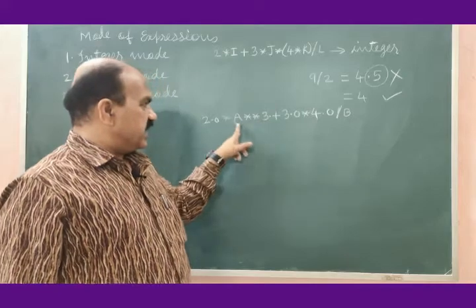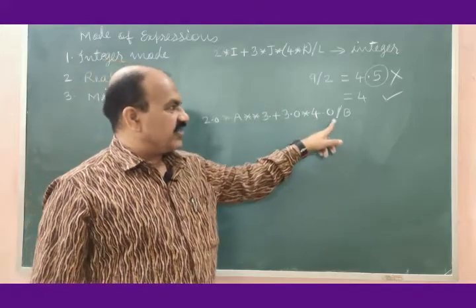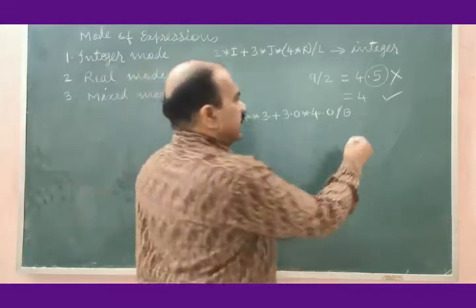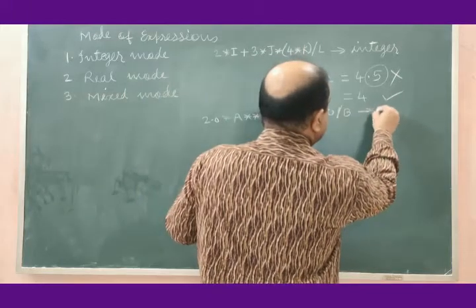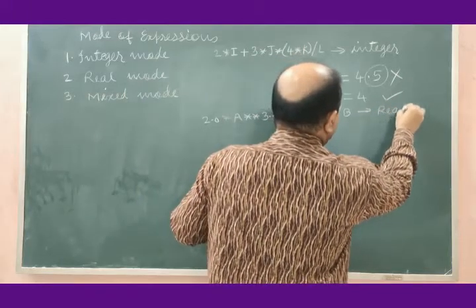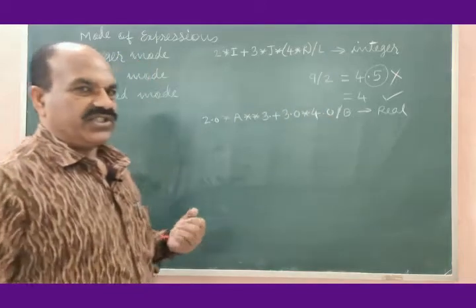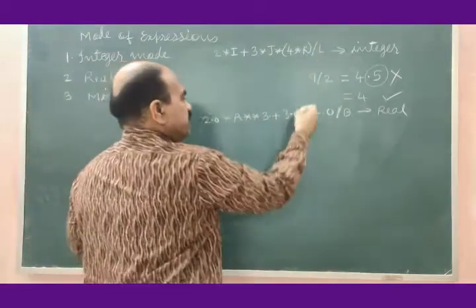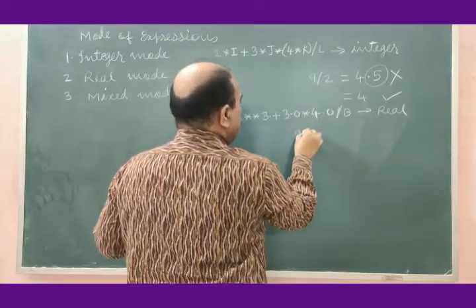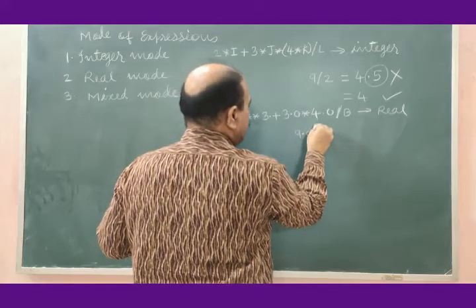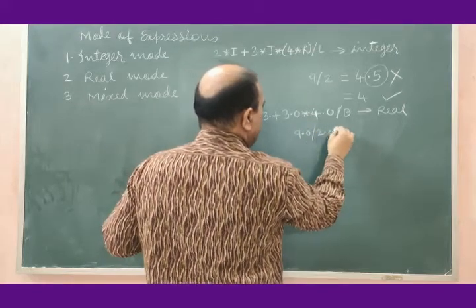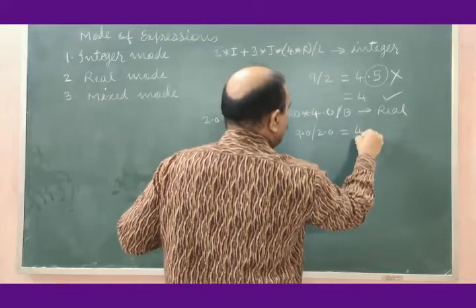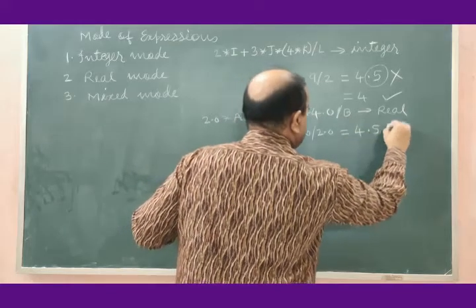Real constants and real variables, and therefore its answer should be real. Go to the same example: 9.0 divided by 2.0 is 4.5.